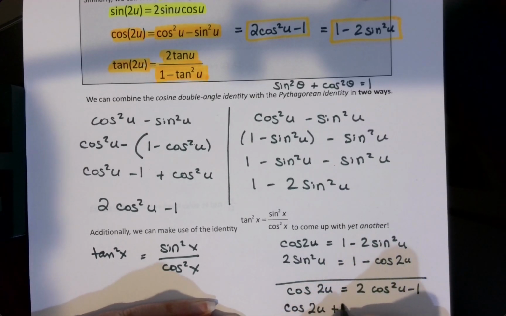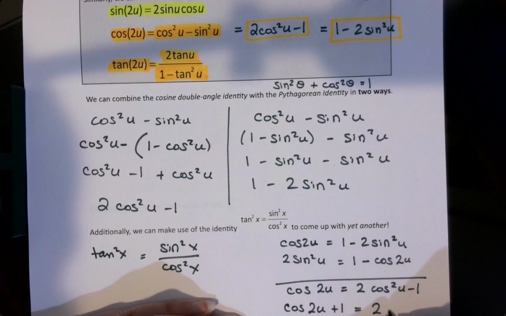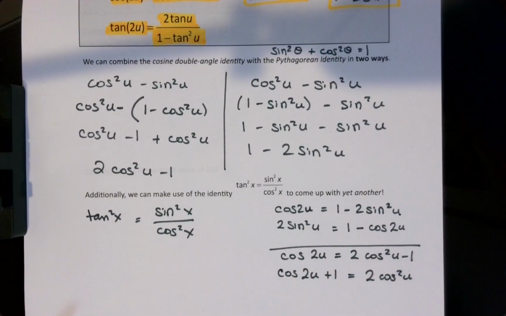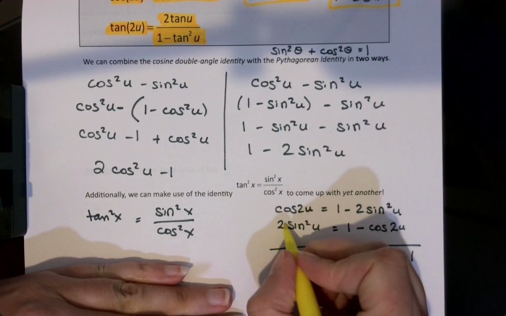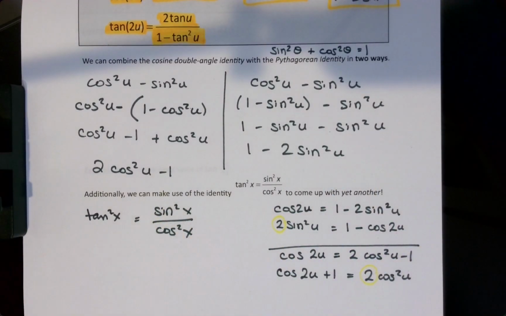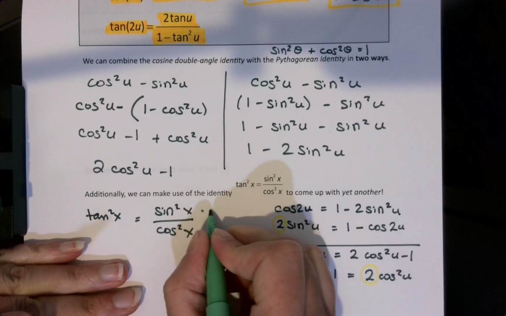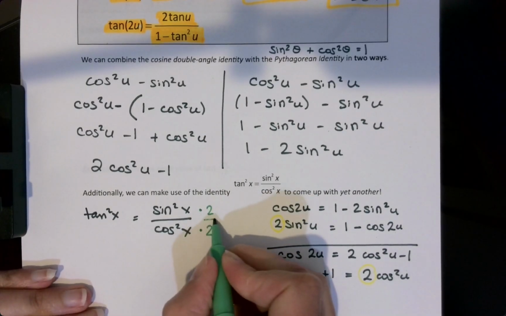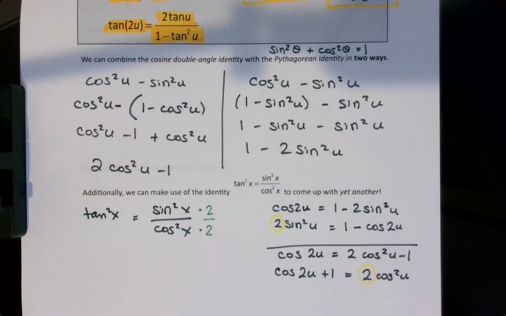Cosine of 2u plus 1 is equal to 2 cosine squared u. Now, I don't have these 2's in my sine squared and my cosine squared, but it would be no problem to multiply top and bottom of a fraction by 2 over 2, since that reduces to 1.